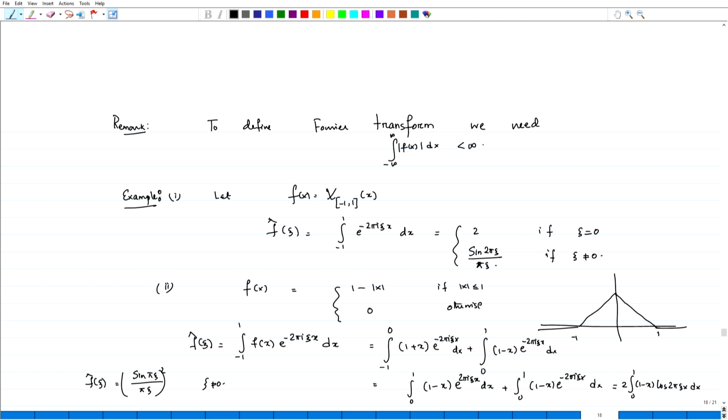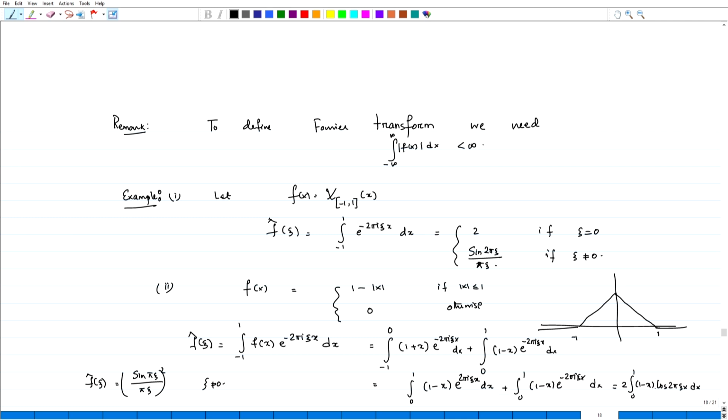That is a very easy computation. The first term would be twice cos 2 pi xi x by x evaluated at 0 and 1, with the integral of sine, so that is going to vanish, then 1 minus x is going to vanish. In the other part, the derivative of this is sin 2 pi j x by 2 pi j, and the derivative of 1 minus x is minus 1.